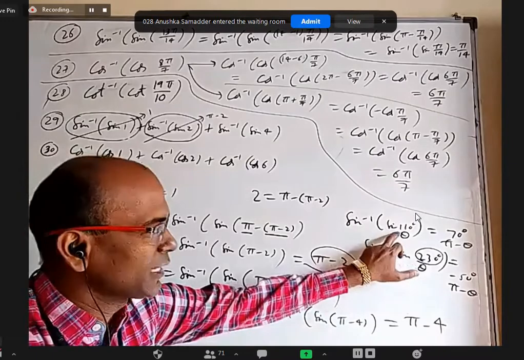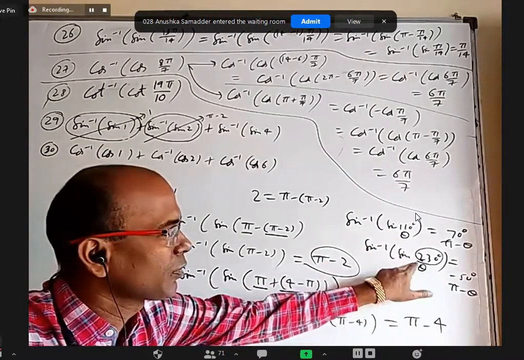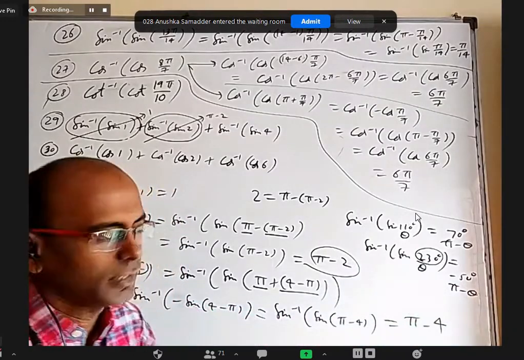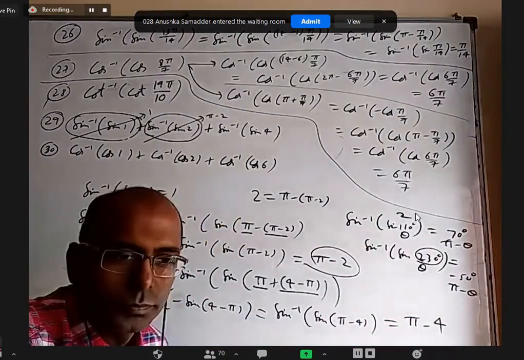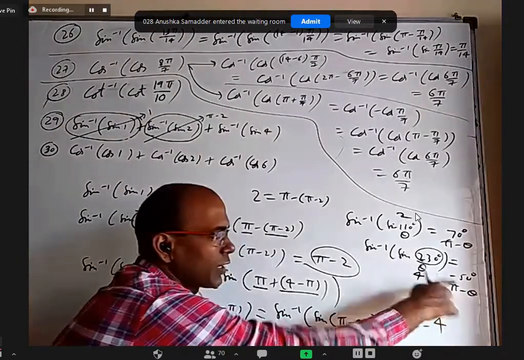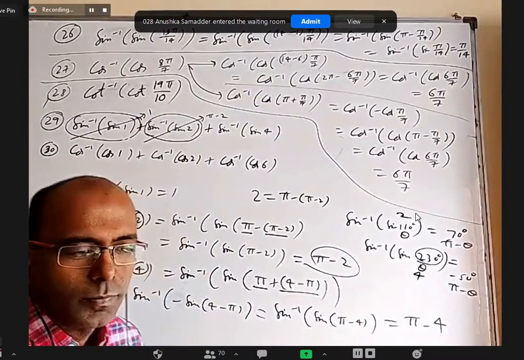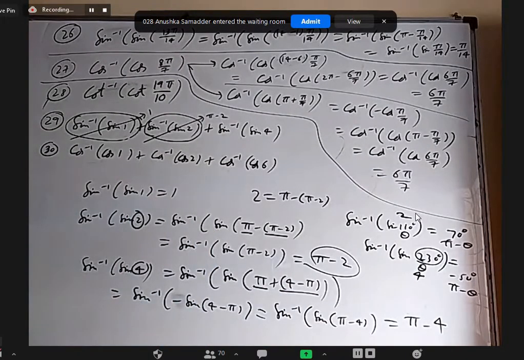Any angle in the second quadrant, the answer will be pi minus theta. Any angle in the third quadrant, the answer will be pi minus that. So if this would have been 2, the answer would be pi minus 2. If this is 4, the answer is pi minus 4. That's it, done. Is it okay?